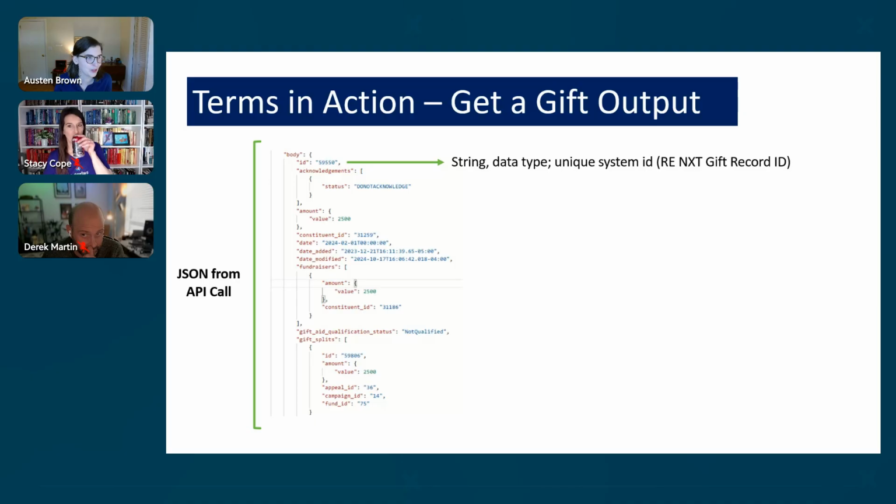So the first thing to be aware of is this ID, which we can see in double quotes, indicates that it's a string data type, and this is the unique system ID of a gift record in Razor's Edge. Next up, we have a float, which is a number that allows decimals, and this is the gift amount associated with the gift.